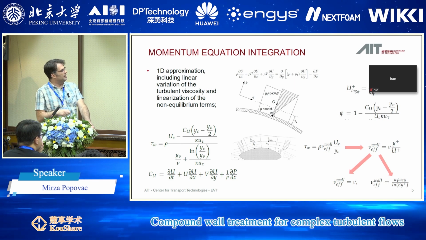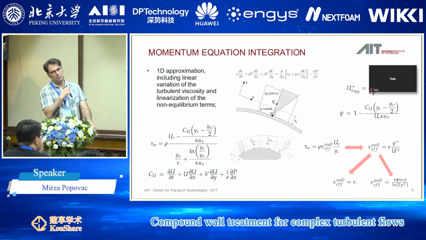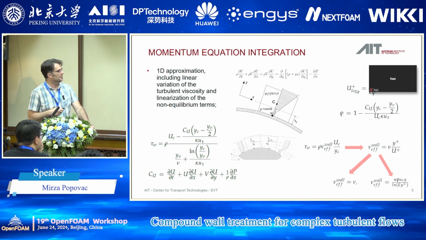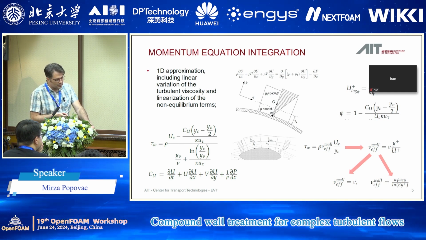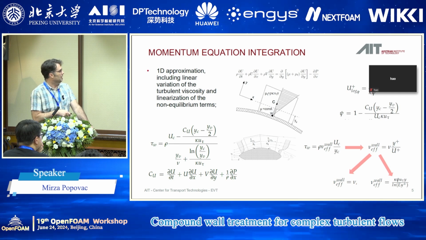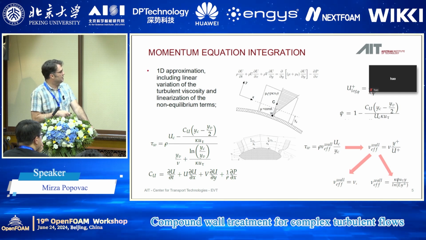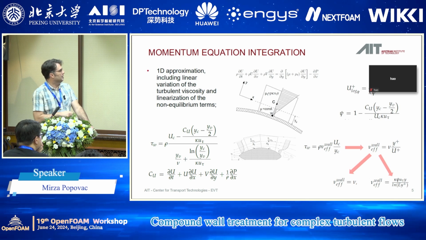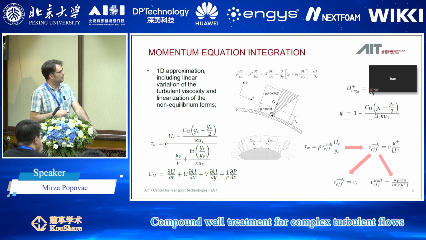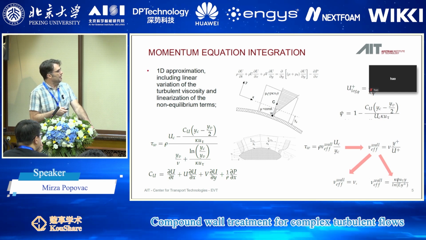Then integrating twice in the two regions and imposing a smoothness constraint, I'm getting my constants and terms, and the final equation looks like so to the left, with, as I said, constant factors determining the non-equilibrium effects.